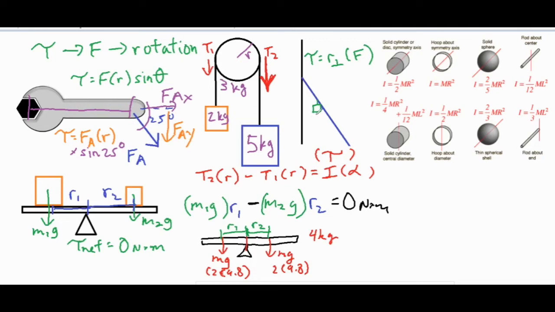It has a certain force of gravity pulling it down, which is mg as usual. And then the radius perpendicular to it is going to be this one right here in orange, this distance from here to here. That is your lever arm, or radius, that is perpendicular from this pivot point over here.